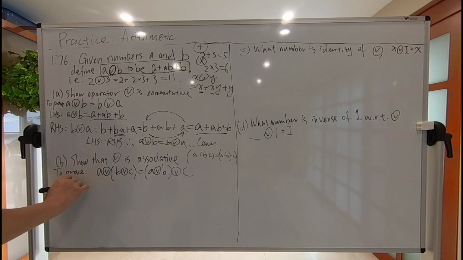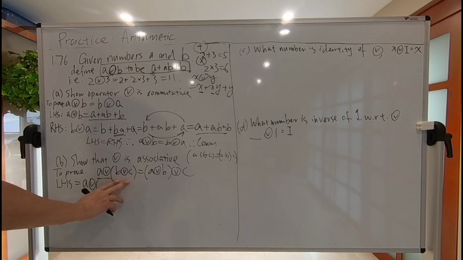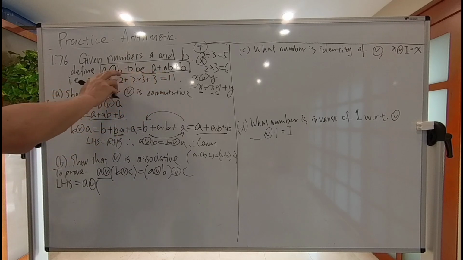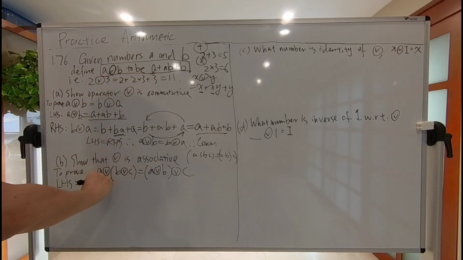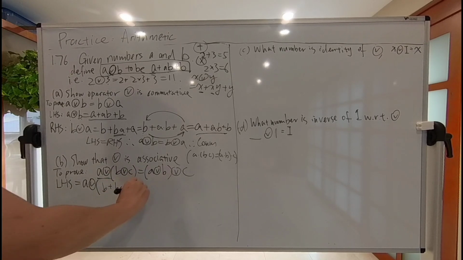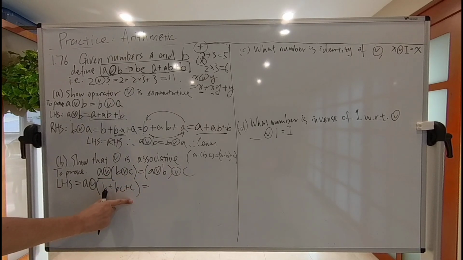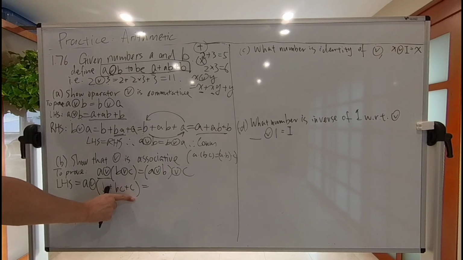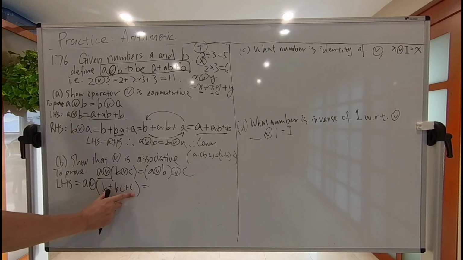The left-hand side equals, I'm going to hold the first operator and copy it down the same way, because I need to calculate the numbers within the bracket first according to the order. So B and C. This would be B, this would be C. So this is B plus B, C plus C. And then second, we can consider all the numbers within the bracket as one number, and this number is operating with the number A. So when you plug this in, you plug in the whole term.